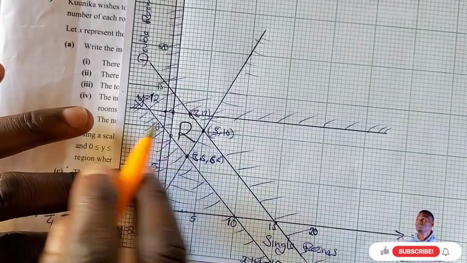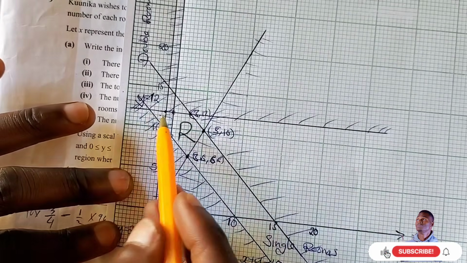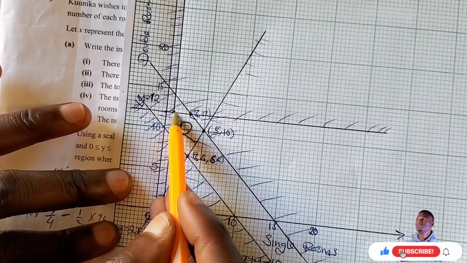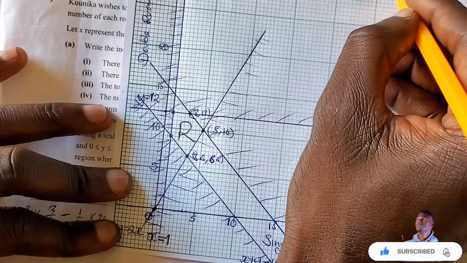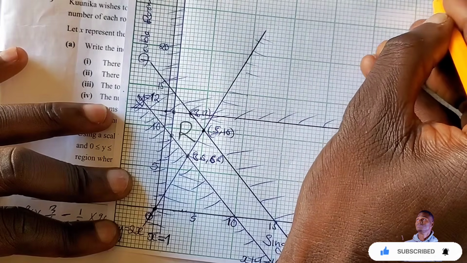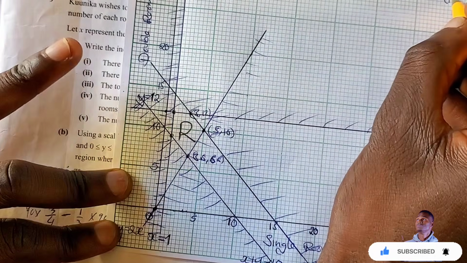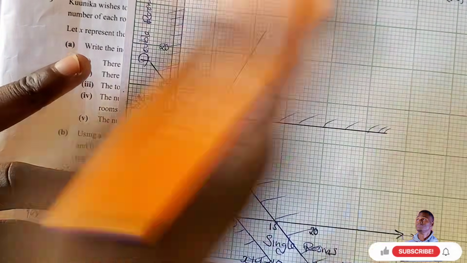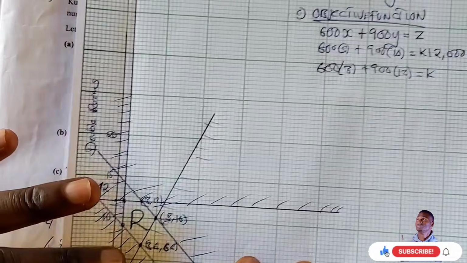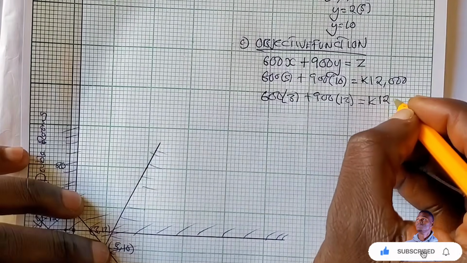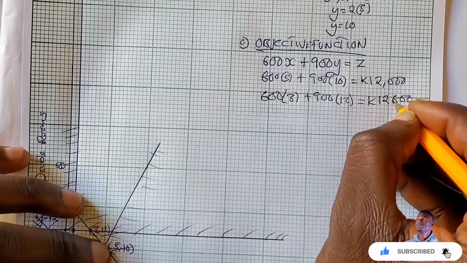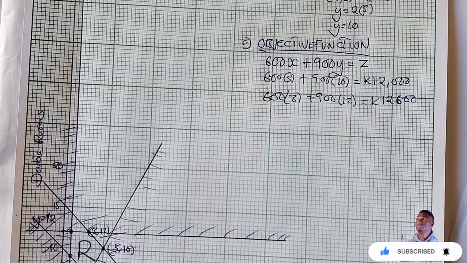Let's check this one. This is the last test we're going to do. 600 times x is 3, plus 900 times y is 12. This is giving us 12,600. Okay.